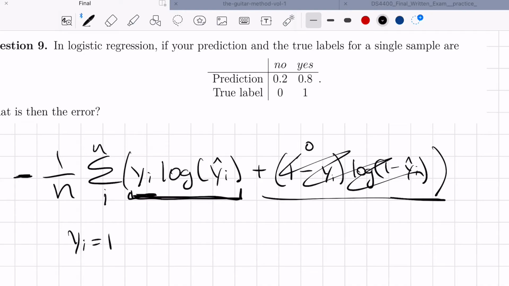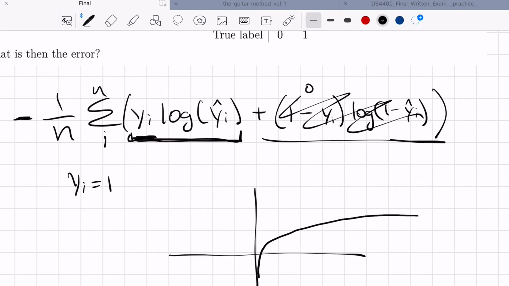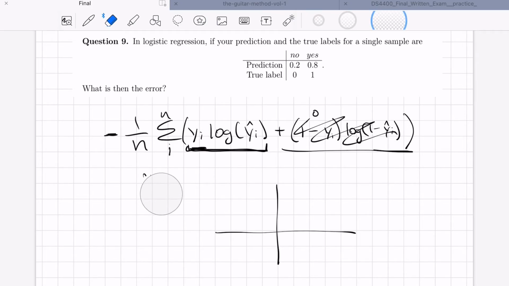However, if y hat of i doesn't agree and is actually close to 0, then if you look at the log curve, as you get close to 0 it becomes a really big negative number. So our error is going to be a really big positive number, because we have this negative right here.